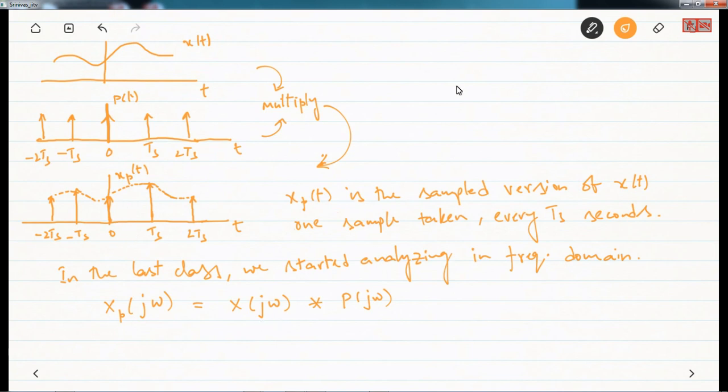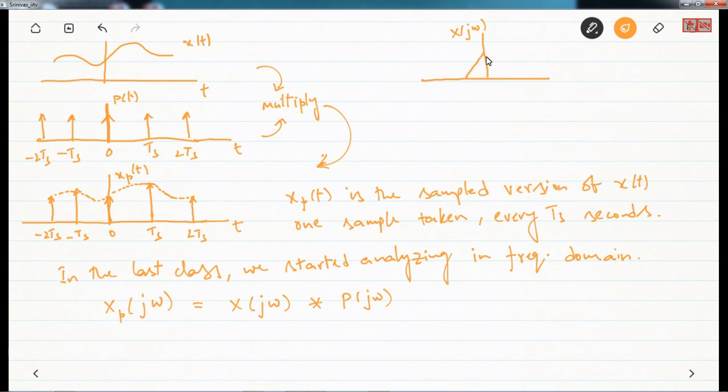What is that? This is all in the time domain, the left-hand side. And in the frequency domain, what do I have? This is X(jω). What did I say?